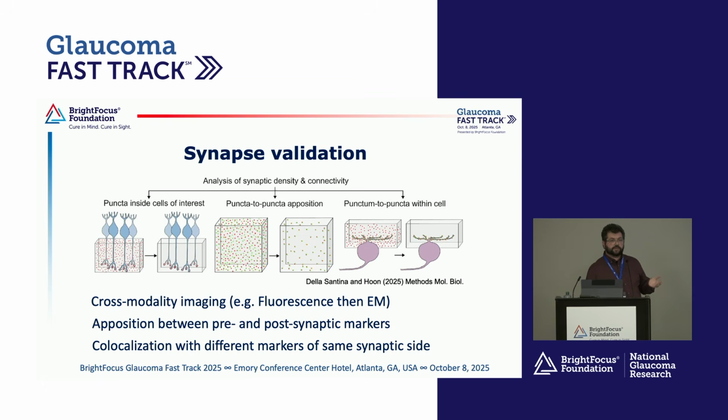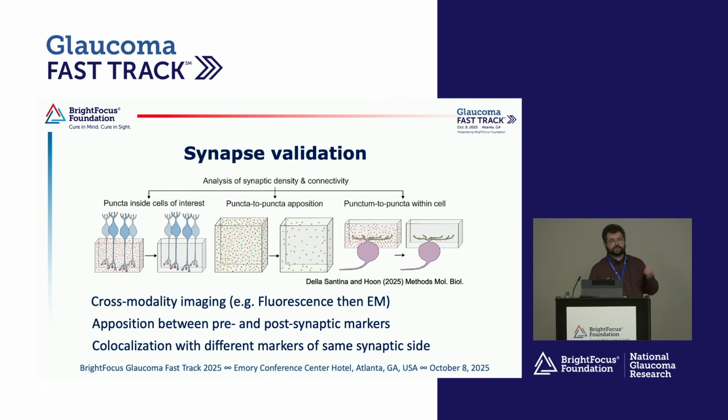Once you have segmented your volume of interest, then the next step is validating these potential synapses. And at the end of the day, most of the image analysis that involves synaptic quantification involves one of these three cases. One is looking at synapses that are within a cell of interest.